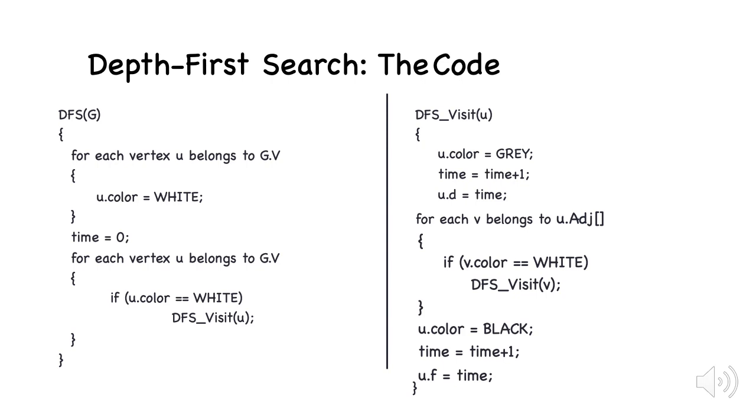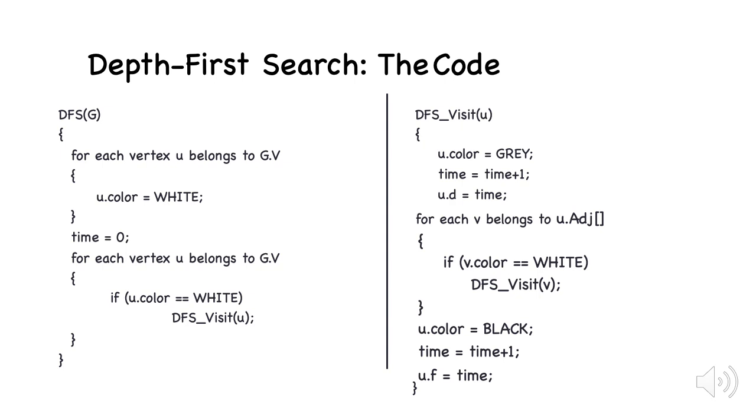In that, whenever a white node is encountered, it is made gray, the time is incremented, and the time is assigned. Basically, while the traversal is going on, there are two different types of time. One is the discovering time and one is the finish time.